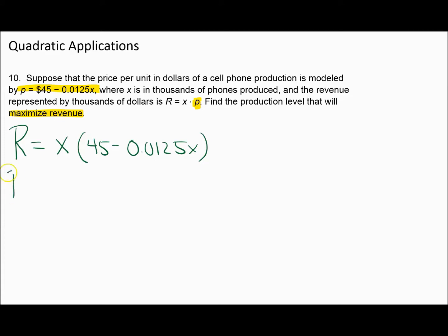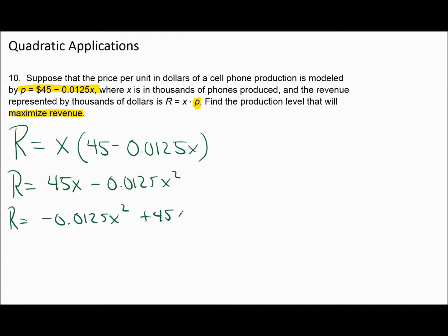Is that quadratic? You bet it is, because when I distribute that x inside, I have 45x minus 0.0125x squared, right? If we write it in descending order, which makes me feel better anyway, negative 0.0125x squared plus 45x. And this is the guy we're supposed to maximize.